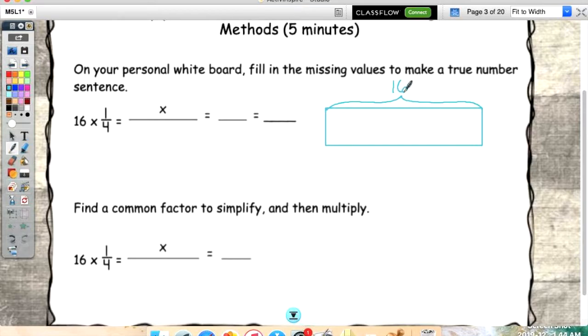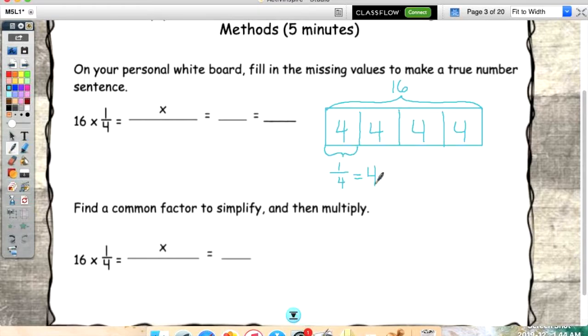What is it? 4. So I need 4 equal parts in my tape diagram. Now, do you know what number goes in the box? Yes, 4. So 4 times 4 equals 16. So 1/4 equals what? 4. So my answer is going to be 4 when I get these problems done.